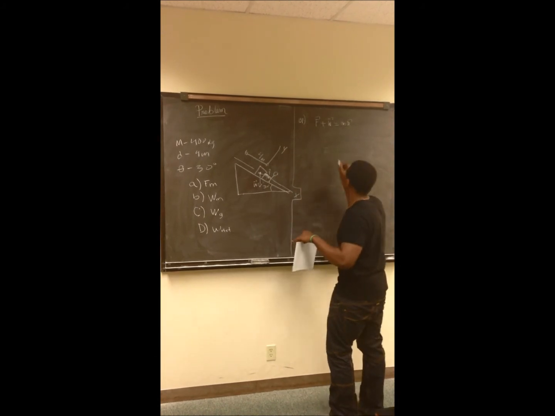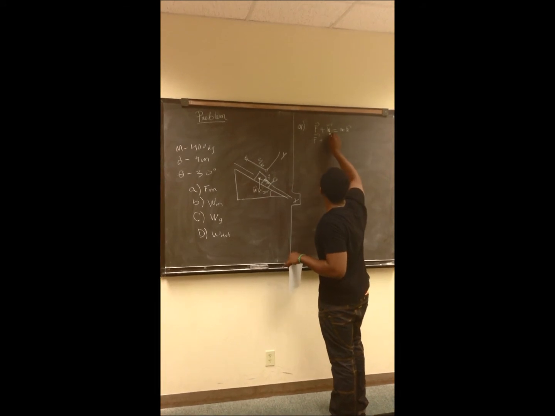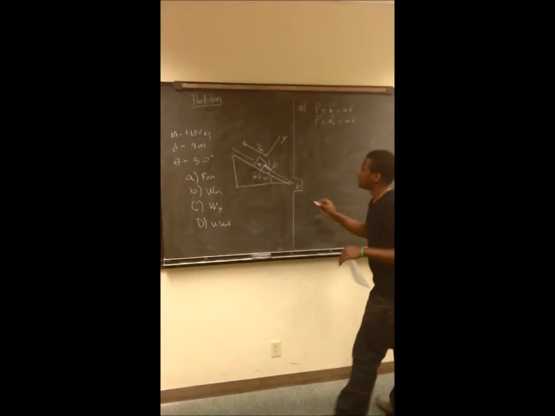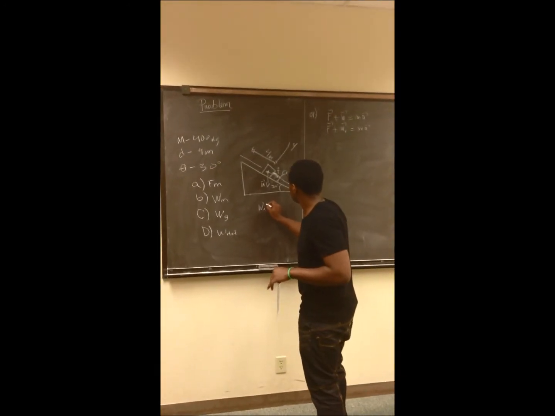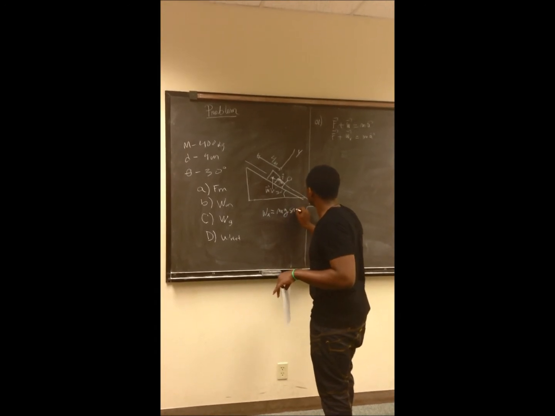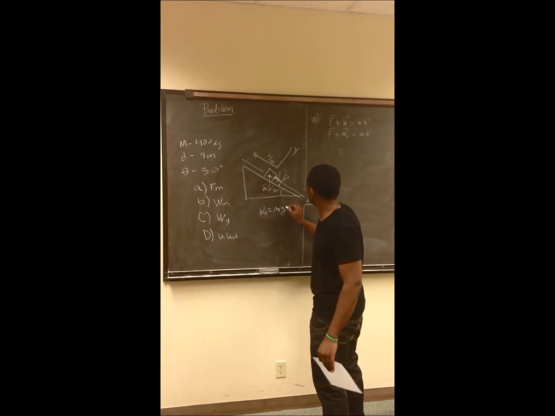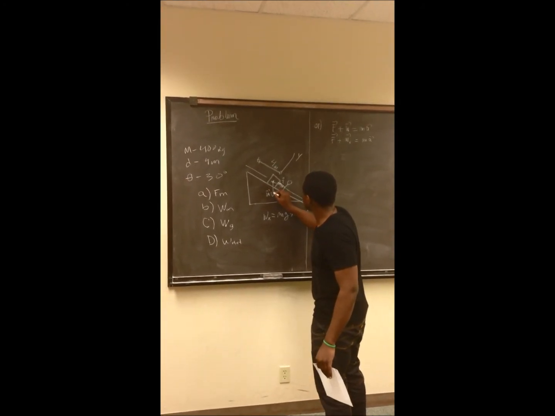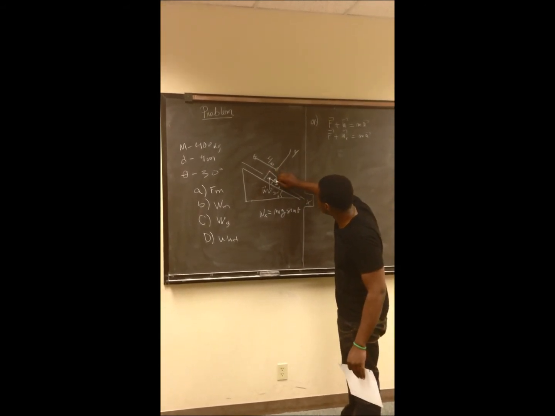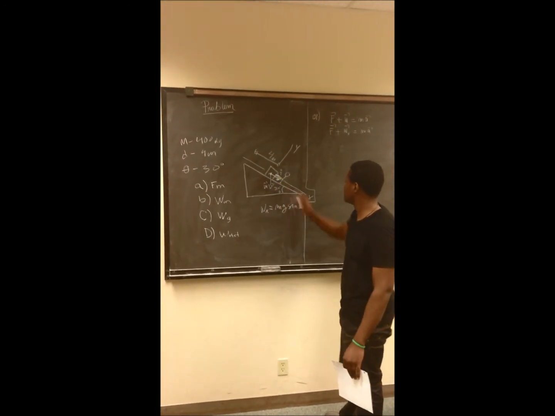So the x component of the weight, let's call it Wx, which is equal to mg sine theta. Because this is our theta here, to find this little length here, we will need to use the sine of theta, which is here, mg sine of theta.